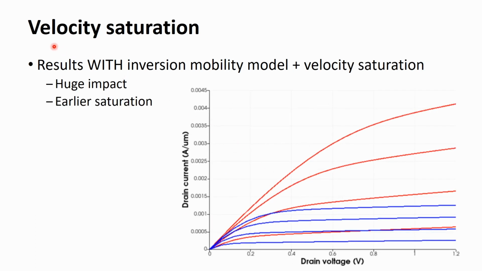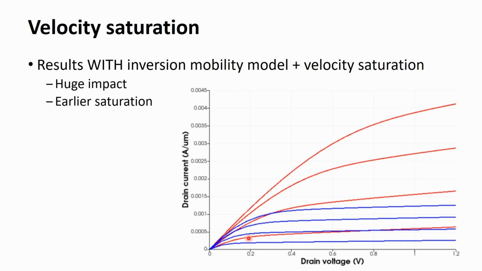However, when the velocity saturation is further included, we have a significantly reduced current. The blue curves are the result with the velocity saturation. It is clearly observed that the saturation occurs much earlier when the velocity saturation is included.